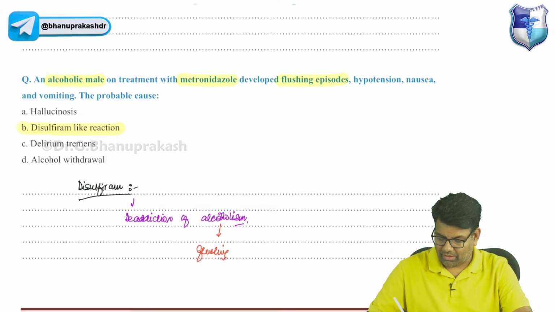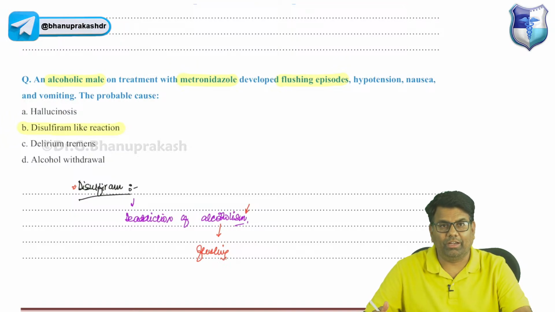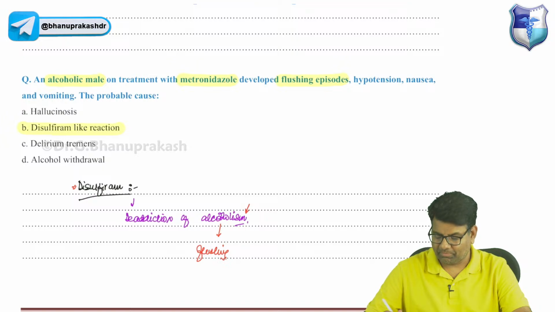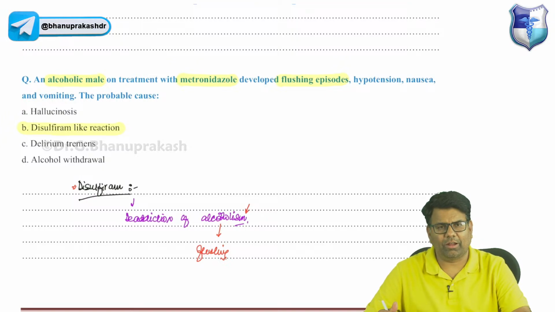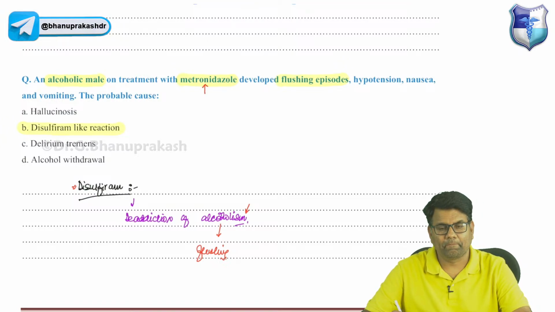So if the person is on disulfiram, he will avoid taking alcohol because of these reactions, which is known as the disulfiram reaction. Sometimes the same kind of effect can be shown by some other drug as well, like metronidazole.